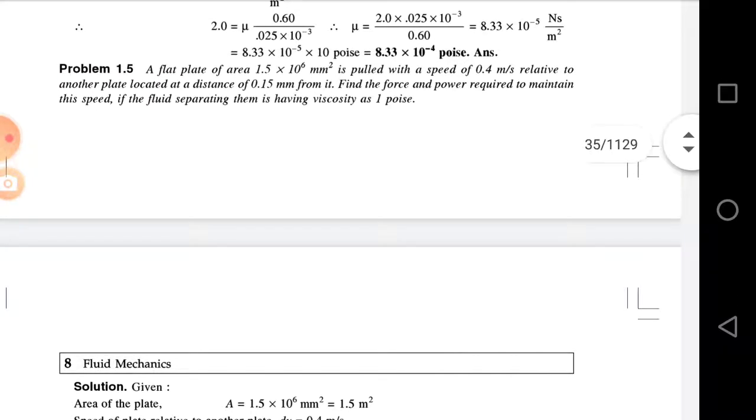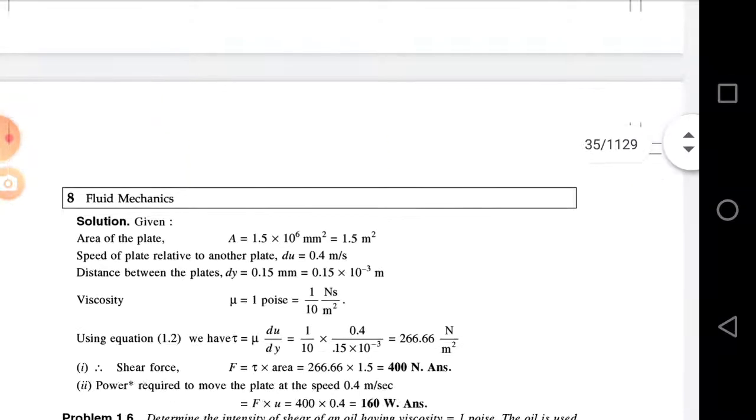A flat plate of area 1.5 into 10 power 6 millimeter square is pulled with a speed of 0.4 meter per second relative to another plate located at a distance of 0.15 mm from it. Determine the force and power required to maintain this speed if the fluid separating them is having viscosity of 1 poise.